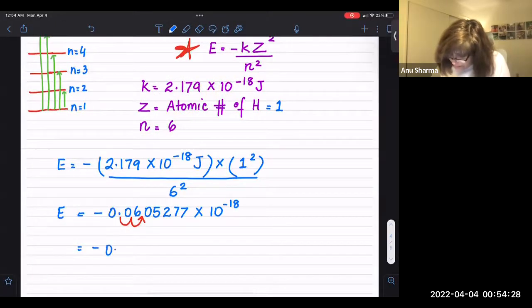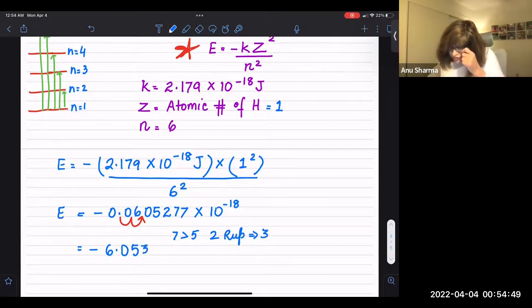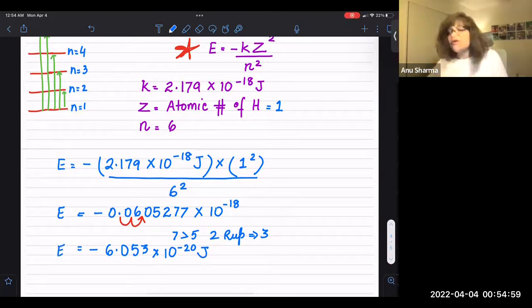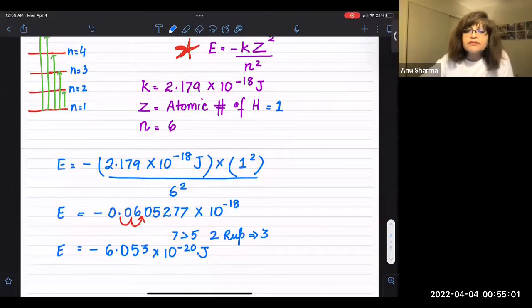So this becomes negative 6.05, and 7 is more than 5, so therefore the 2 is rounded up to 3. So this becomes negative 6.053 into 10 to the power negative 20 joules. Okay, so that is the energy of the electron when it jumps orbits.